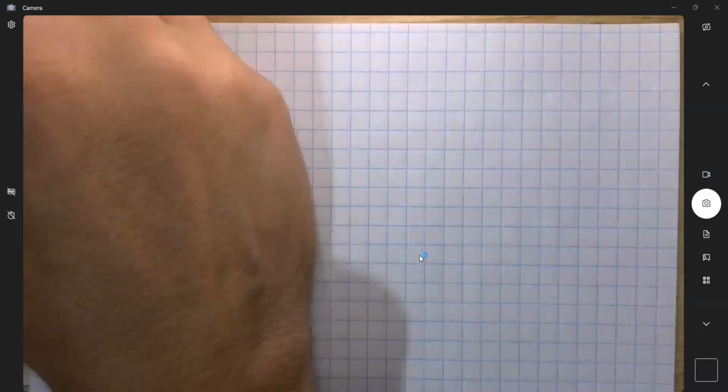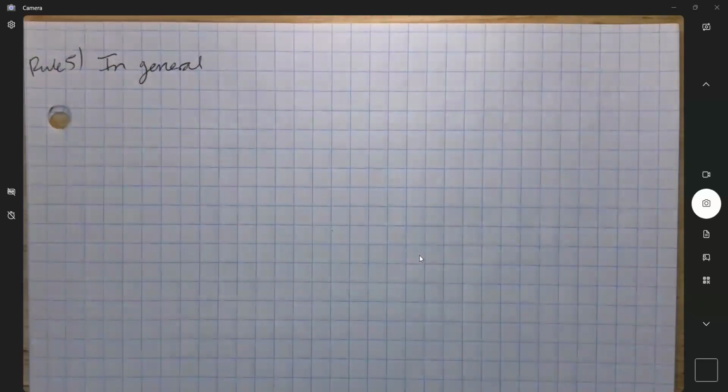In general, this maybe is rule 5. I don't know if my rules are going to line up exactly with what the textbook says.